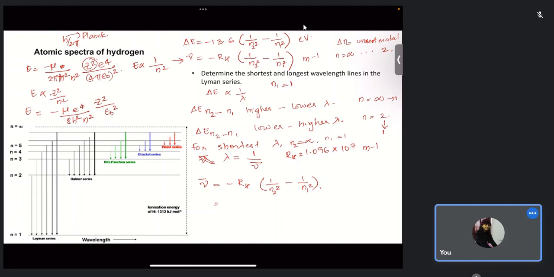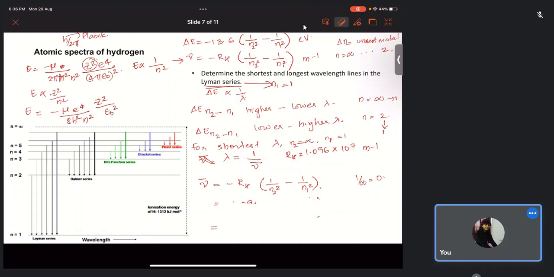So it is minus RH, 1.096 into 10 to the power 7, times 1 divided by infinity minus 1 divided by 1 square. 1 by infinity is equal to 0, so it is 0 minus 1, which is minus 1.